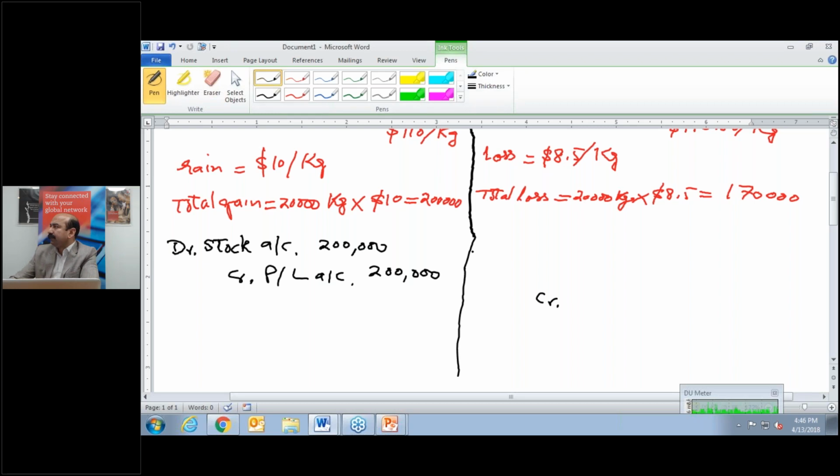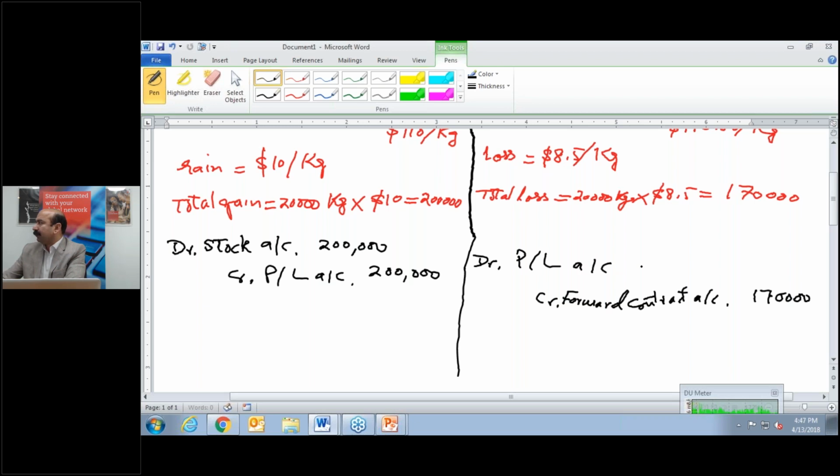Credit forward contract account 170,000, and debit profit and loss account 170,000.